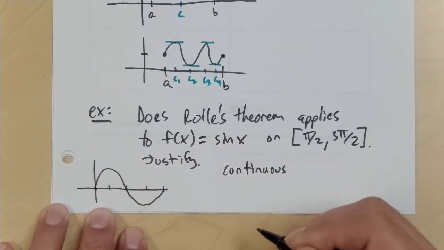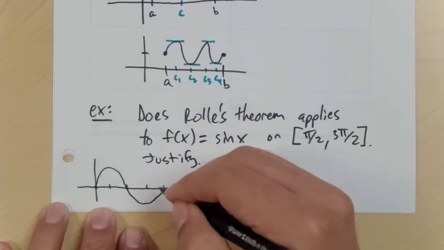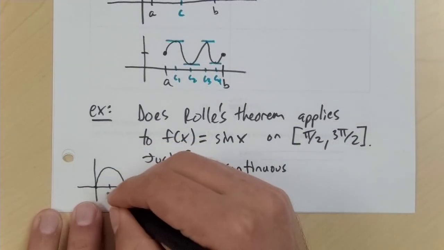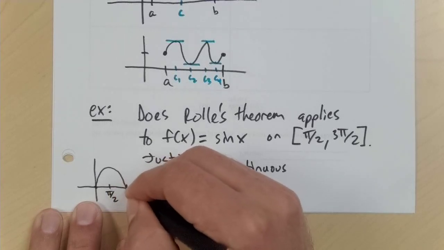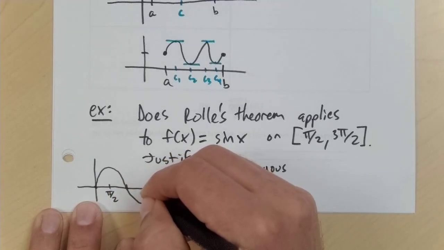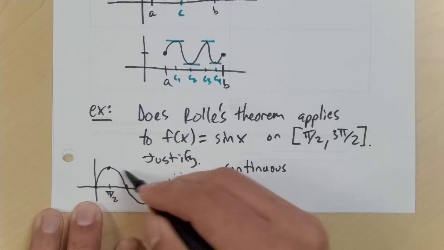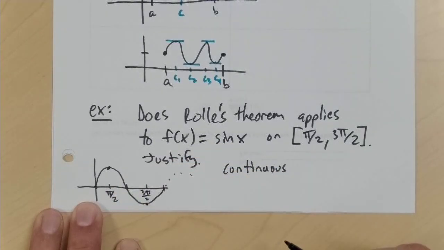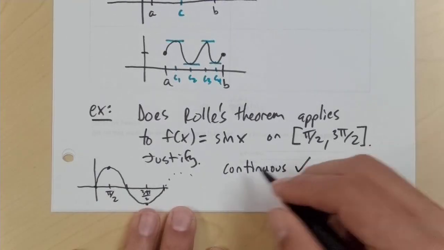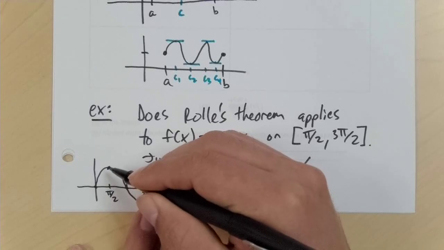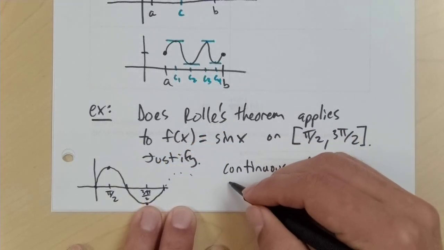Obviously it continues, and so from pi over 2 to 3 pi over 2, that would be from here to here. So from this point to this point, okay? Yes, we're continuous. There's no issues with taking slopes or derivatives here, so it is differentiable.